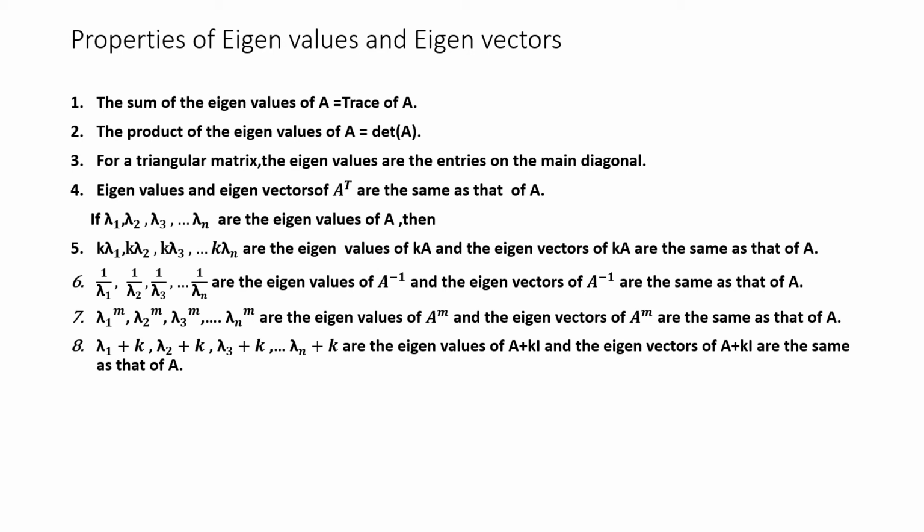To find the eigenvalues of A inverse, just take the reciprocals of the eigenvalues of A. To find the eigenvalues of A to the power of m, raise the eigenvalues of A to the power m. And to find the eigenvalues of A plus k times an identity matrix, just add k to the eigenvalues of A. In all these cases, the eigenvectors will be the same as that of A.